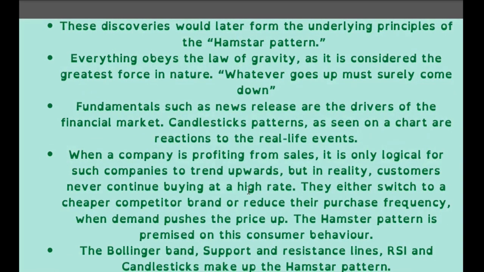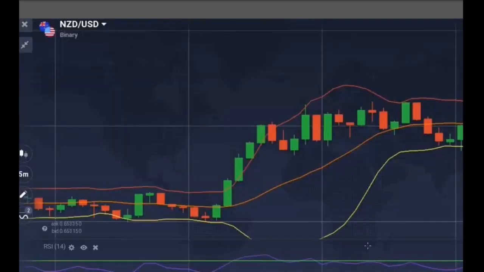They either switch to a cheaper competitor brand or reduce the purchase frequency. That's when demand pushes the price up. The Amster pattern is premised on this consumer behavior. And so the Bollinger Band, support and resistance lines, RSI, and candlesticks make up the Amster pattern.